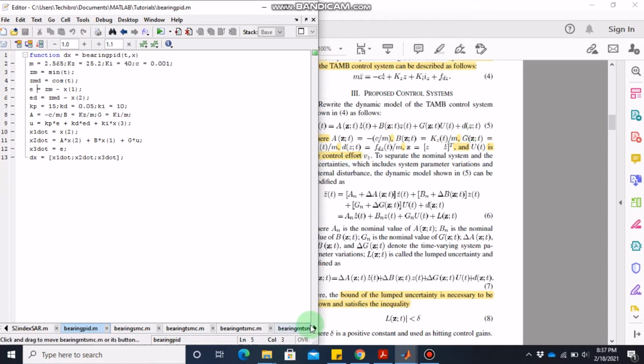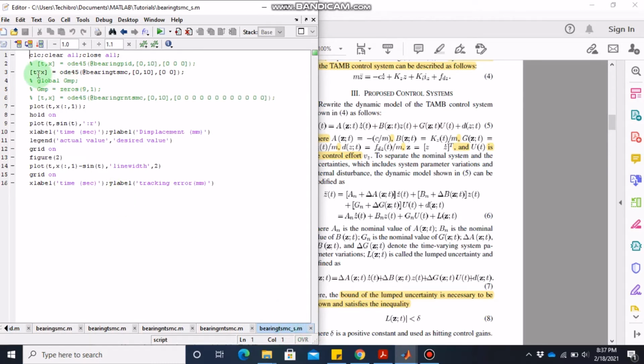And if I go and run this equation using the script file, so this ODE45 function calls, let me just comment this, we will use later. This will call bearing PID, which is the name of the file here.